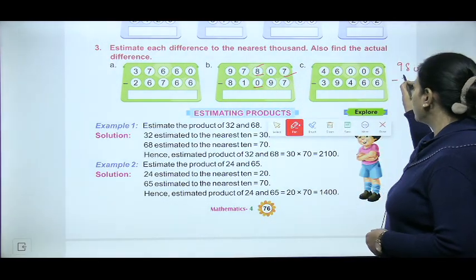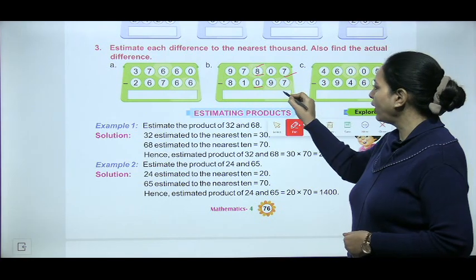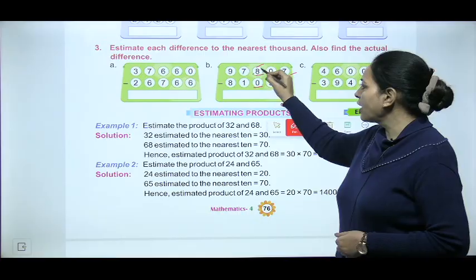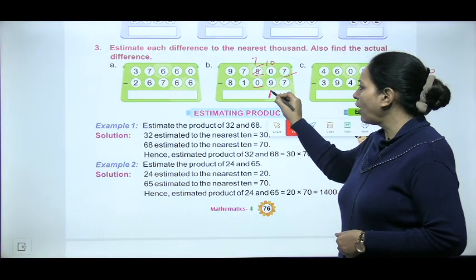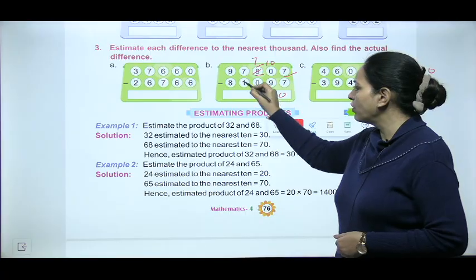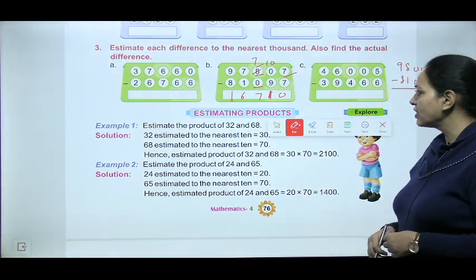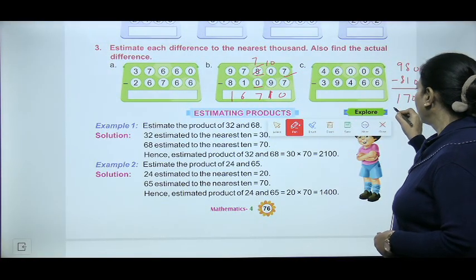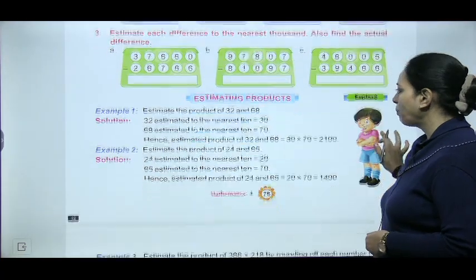So no change, 81,000. So first find actual 7 minus 7 0. 0 minus 9 not possible. 10 minus 9 1. 7 minus 0 7. 7 minus 1 6. 9 minus 8 1. This is actual and estimated is 17,000. So like this you can try remaining parts.